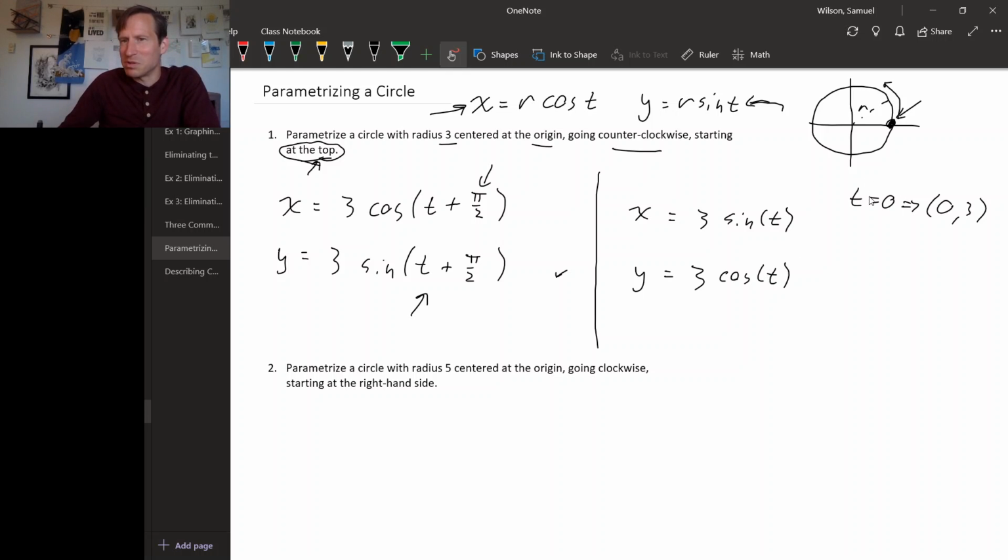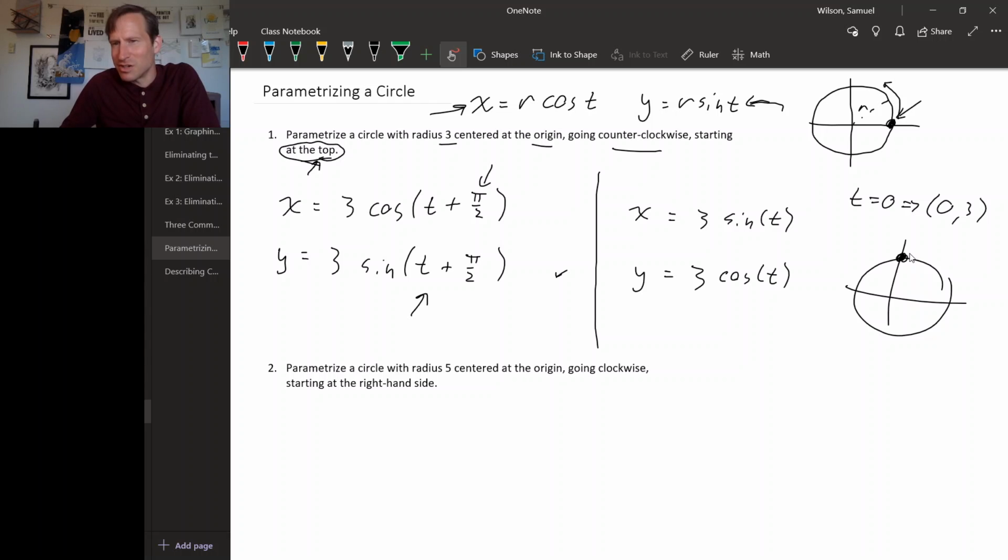It starts in the right place. It starts at (0, 3), the top of the circle. Let me draw the circle, so like this. We're starting at the top like we wanted. But as t increases, cosine gets smaller and sine gets bigger.